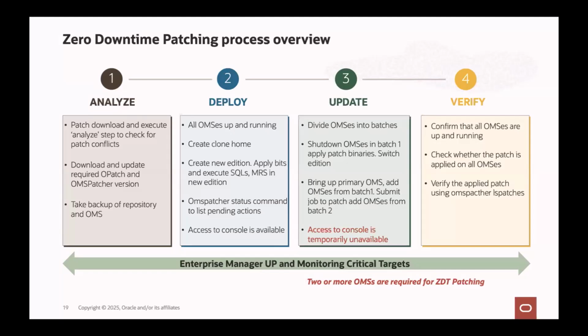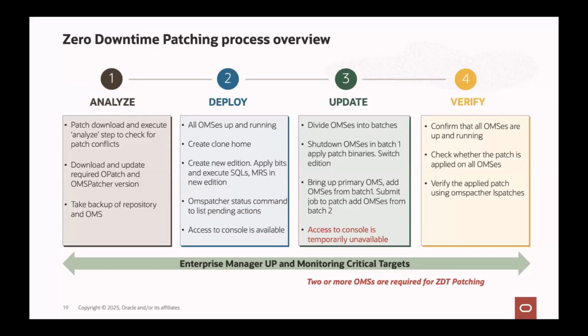So once you have a multi-OMS system, then during the update phase, we divide the OMSs into batches. We shut down the OMSs in batches and run the patch updates. So we internally take care of batching the OMSs and run it.